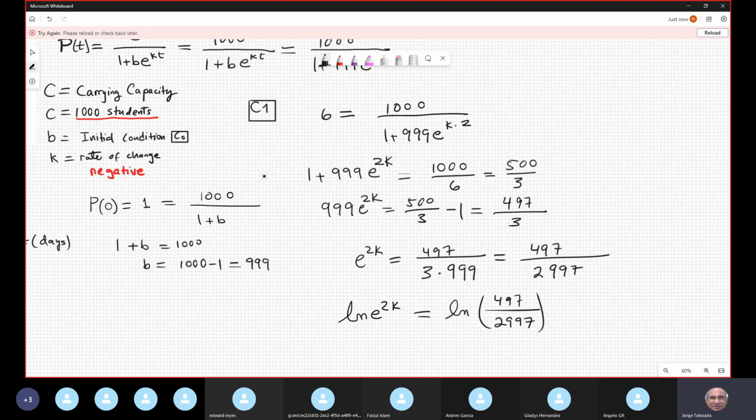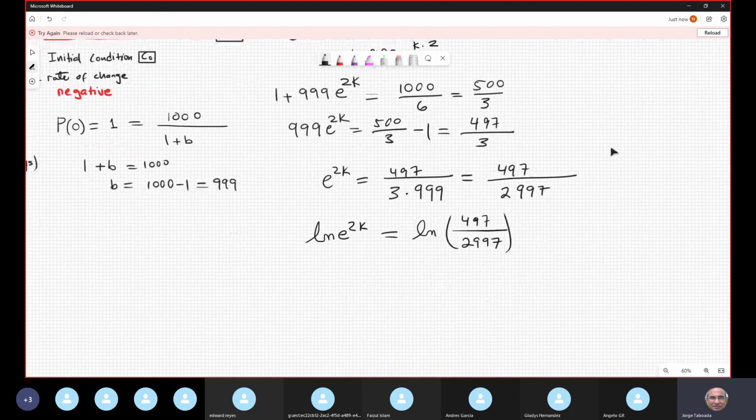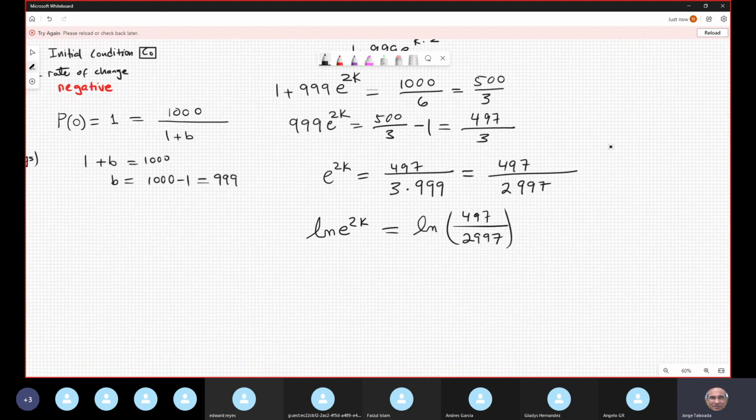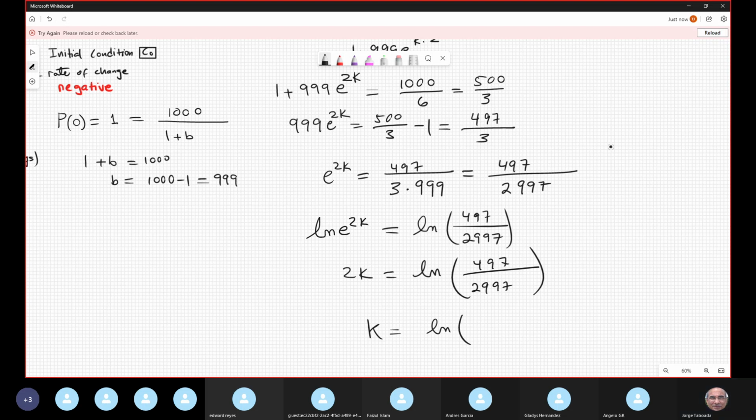The logarithm and exponential undo each other, and we have 2k equal to this. Definitely k is equal to the logarithm of 497 divided by 2,997, all divided by 2.